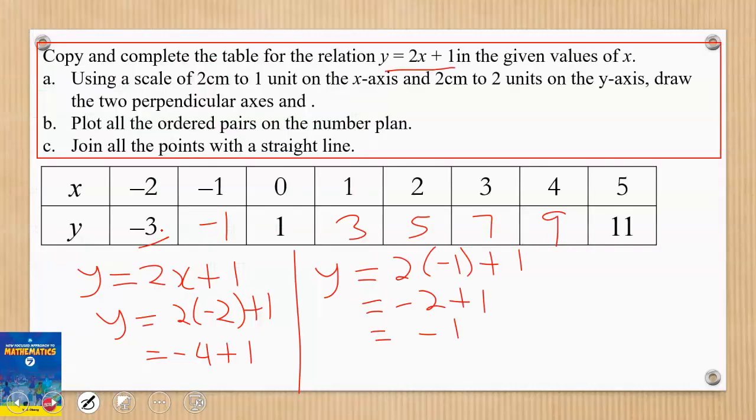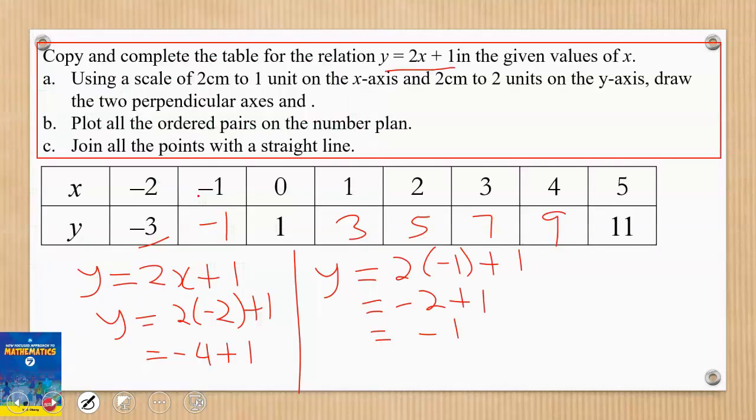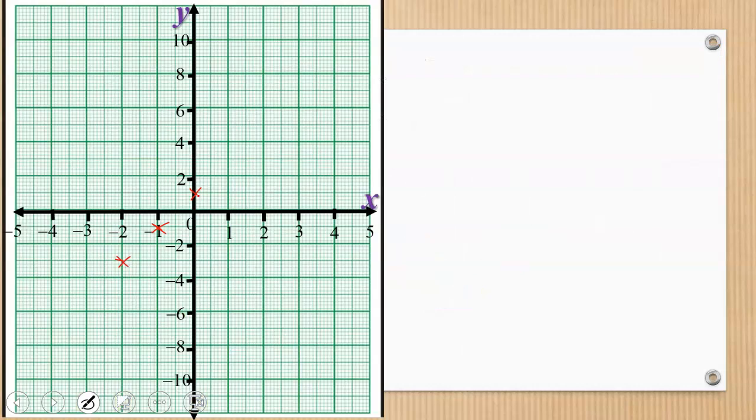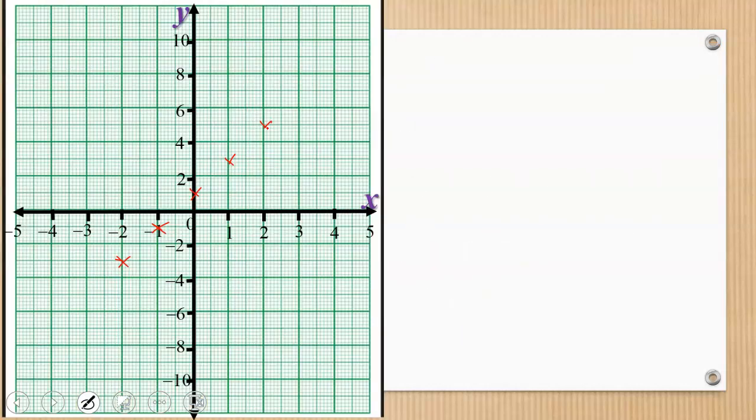And 0, 1. That is x is 0, y is 1. Then 1, 3 will also be somewhere here. Then 2, 5 will be somewhere here. Okay, then 3, 7 will be here.